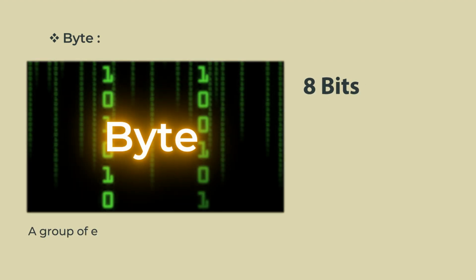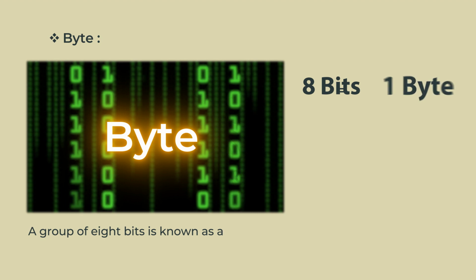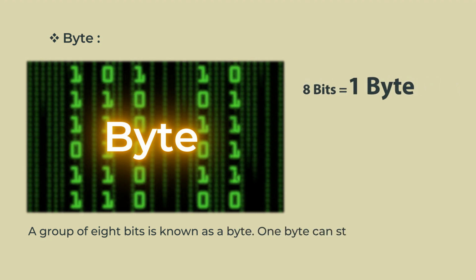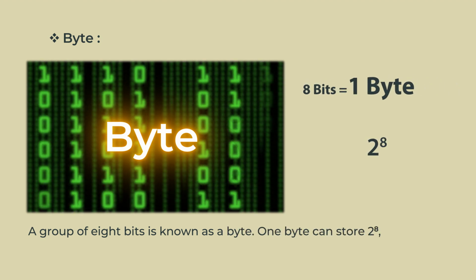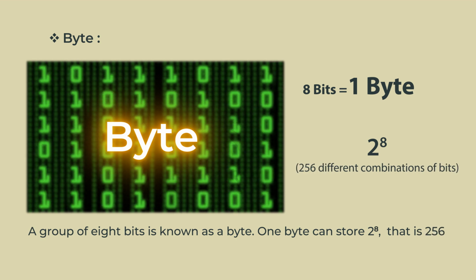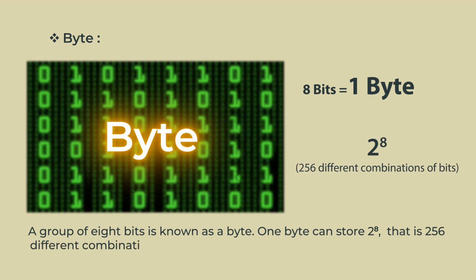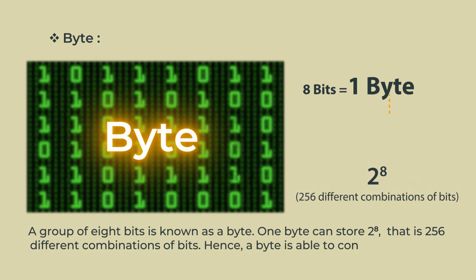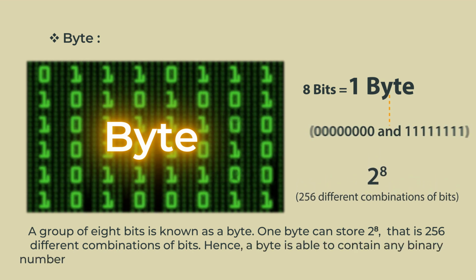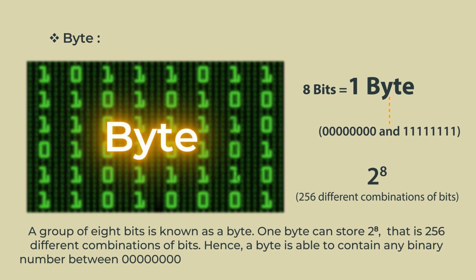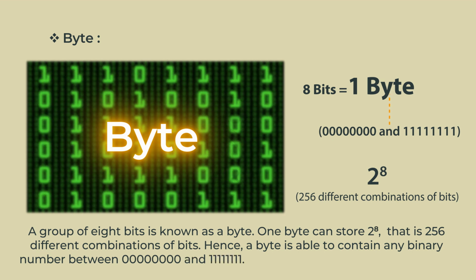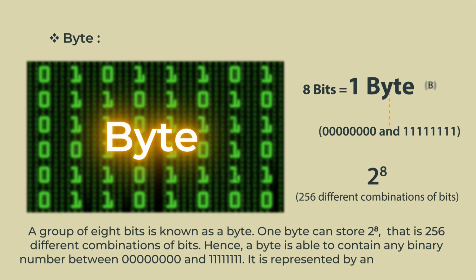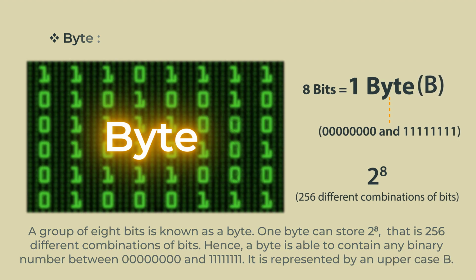A group of 8 bits is known as a byte. One byte can store 2 to the power 8, that is 256, different combinations of bits. Hence, a byte is able to contain any binary number between 8 zeros and 8 ones. It is represented by an uppercase B.